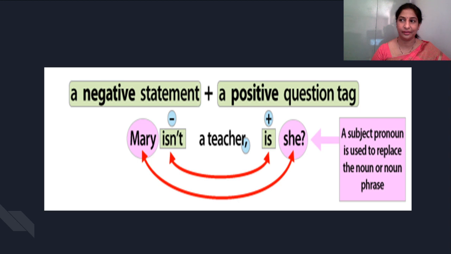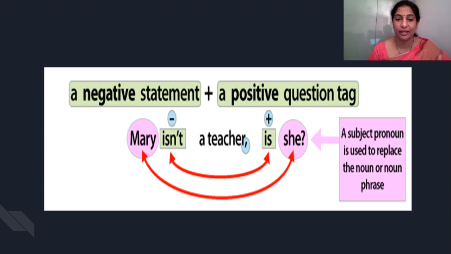To make it clear, there is one more example. Mary isn't a teacher, is she? You can see Mary isn't a teacher is a negative statement. How do you come to know that it's a negative statement? Yes, we have used not, is not. If not is used in a statement, it is a negative statement. So for a negative statement, we have to use a positive question tag.